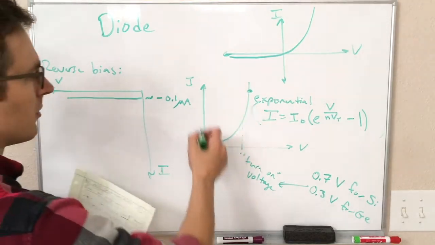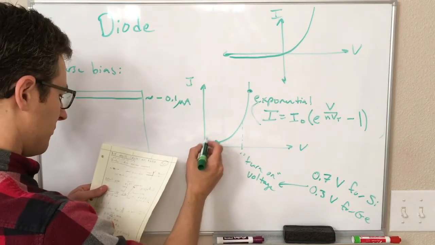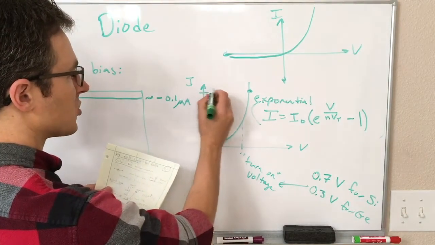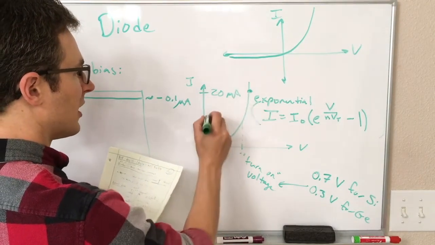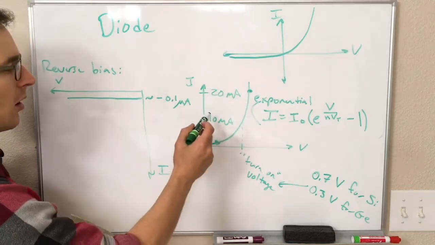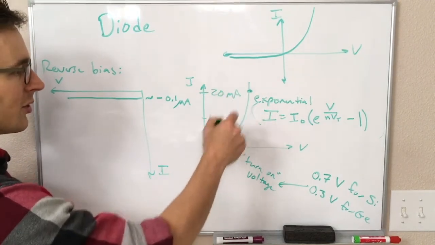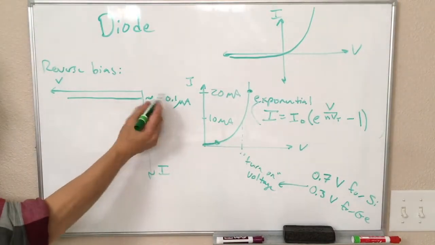I guess I didn't draw currents on here. I should. So maybe up at this point, this is like 20 milliamps. So this is like 10 milliamps. So we're talking about several orders of magnitude more current in the forward direction than in the reverse direction. So this is a very small amount of current.